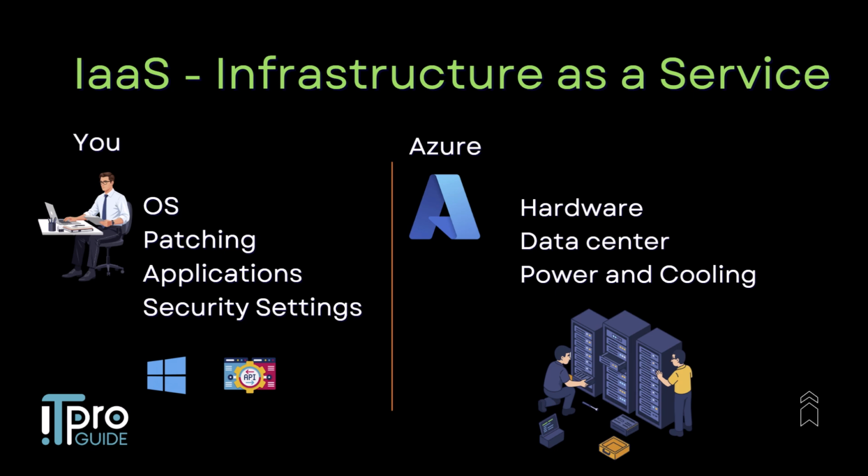In the same way, in the infrastructure as a service model, Microsoft Azure provides you the virtual machine, virtual network, disks, and storage. From your side, you install Windows Server or a Linux server on the virtual machine. You can configure roles, apply patches, and secure the system. In summary, you get the virtual machine and you access it through RDP from your side to the Microsoft data center, and you manage it. This is closest to traditional server administration, and it is called the infrastructure as a service cloud model.